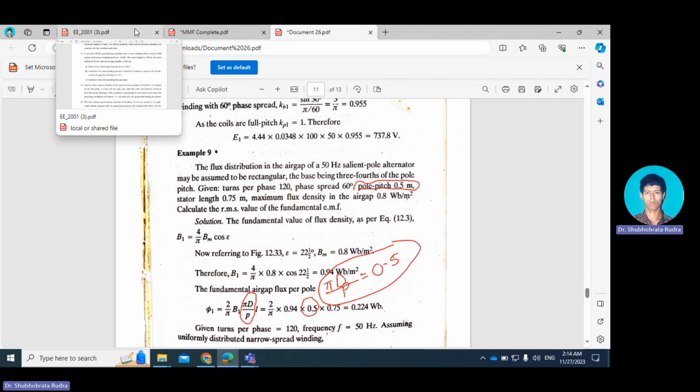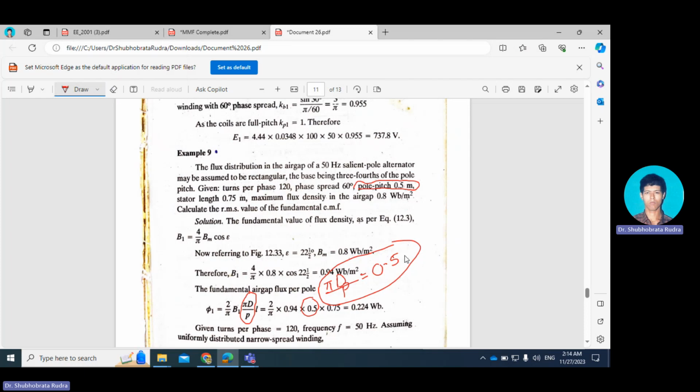And if you try to find out the area covered by each pole, you just need to multiply by the axial length of the cylinder, and that will give you this. This is the total area of one pole.